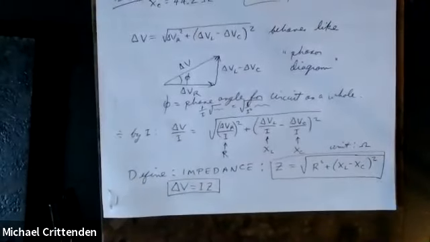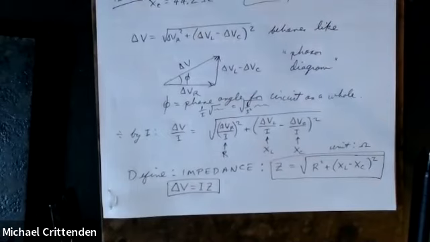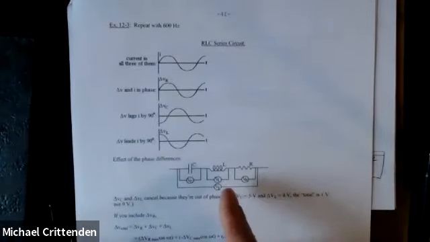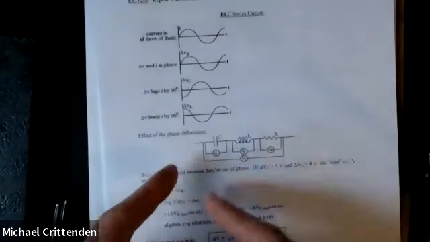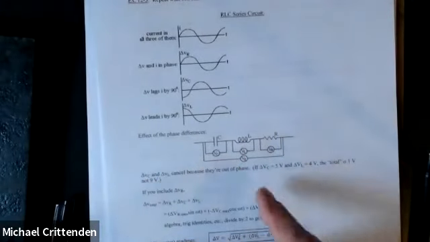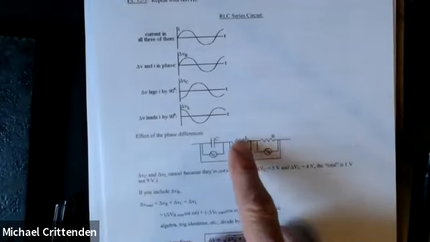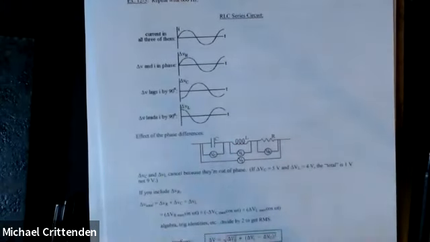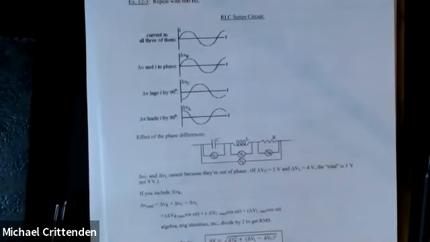I find people fairly frequently want to get the impedance mixed up with the resistance. I'll have a problem where there's a group like this, and I'll give you numbers for C, L, and R, and I'll tell you it's hooked up to, I don't know, 50 volts or whatever.